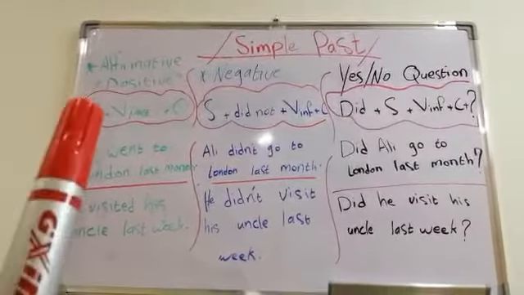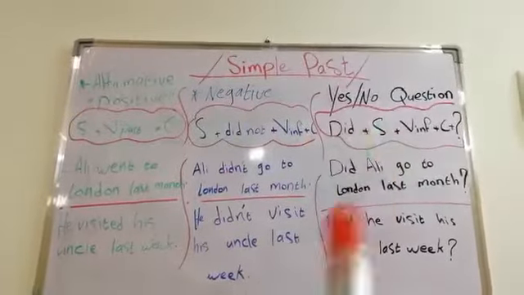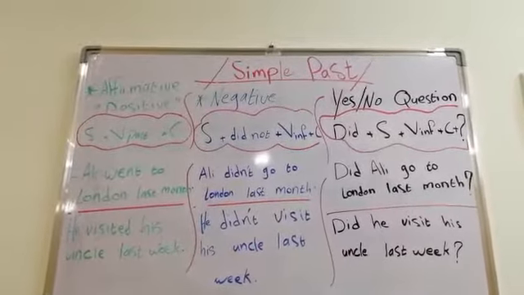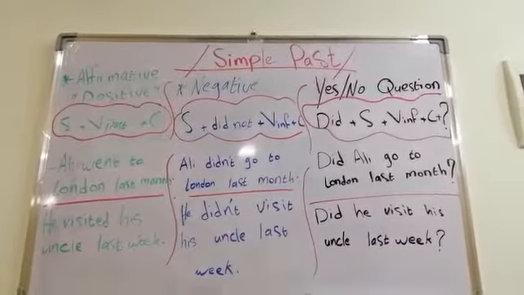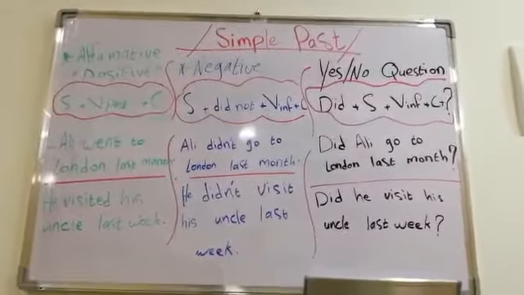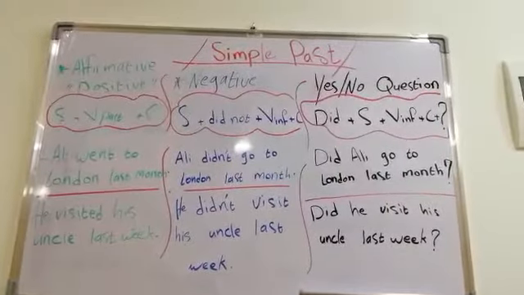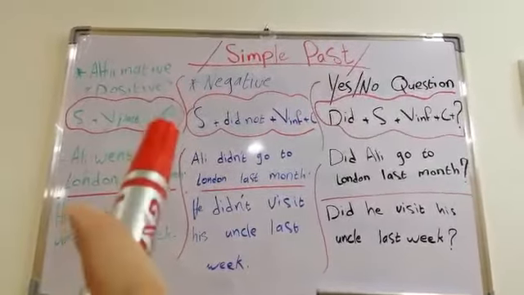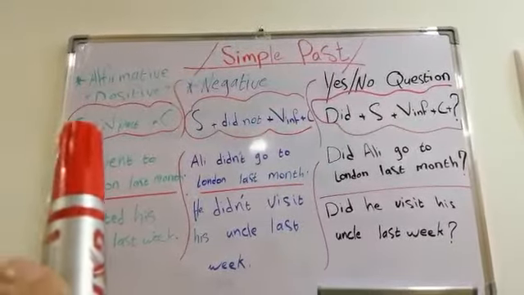So what do affirmative, negative, and yes or no question mean? Affirmative means الجملة المثبتة. What does مثبتة mean? مثبتة means no negation, no question, no addition. It is the positive form. Affirmative or positive form.